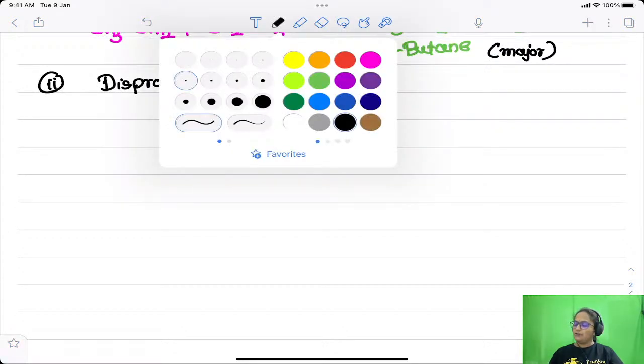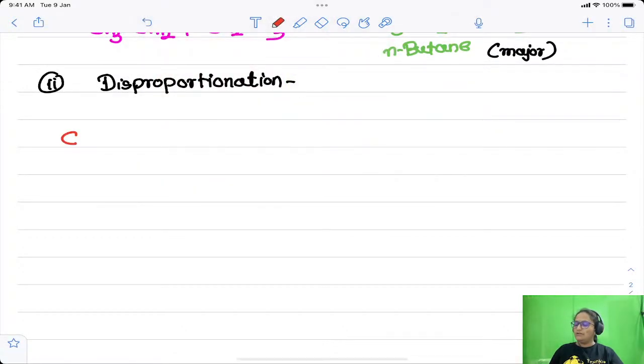Let us see. For that purpose, I will first write down the structure of the ethyl free radical like this. This is the one ethyl free radical. What will happen first of all?